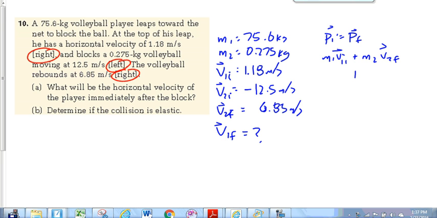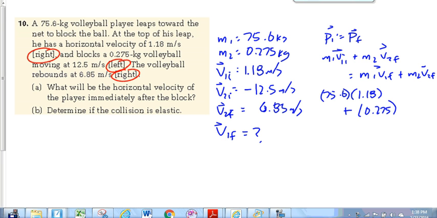But, 75.6 times, no, that's not right. V1I is 1.18, plus 0.275 times negative 12.5.